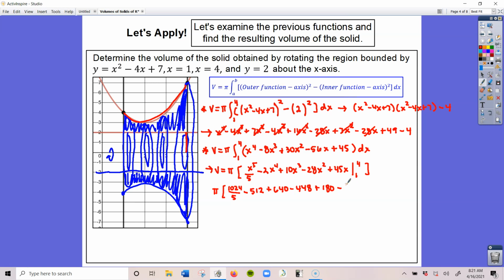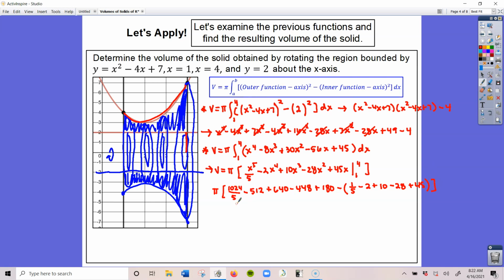And I'm going to subtract for when I plug in the 1. So that would be 1 to the 5th is 1 over 5 minus 2 plus 10 minus 28 plus 45.